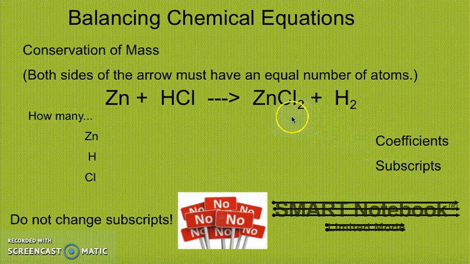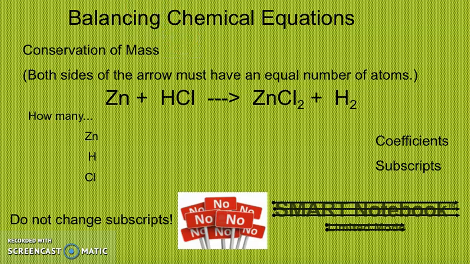Because if you change this ZnCl2 to a ZnCl3, that changes what it is. It is no longer the same thing. You're adding electrons to its valence shell, and you just can't do that. You have to add like a 2 here or a 3 here in front of it to have that many molecules, and it stays the same thing.